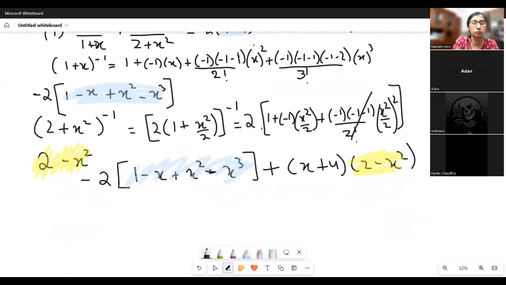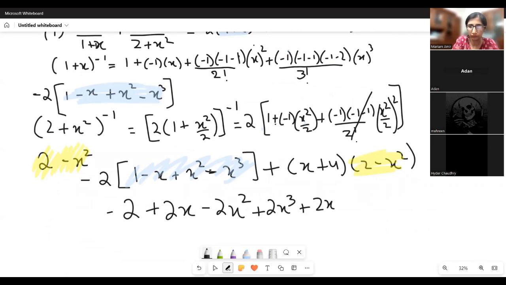So complete expansion would be minus 2 plus 2x minus 2x squared plus 2x cubed plus 2x minus x cubed plus 8 minus 4x squared. Okay, looks good.